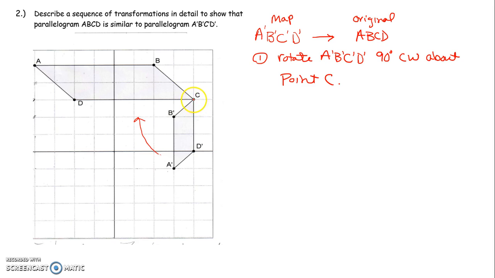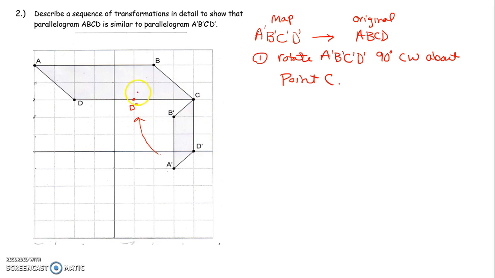So C is going to stay right where it is, and then 1, 2, 3 away has to be D. I'm just going to call it D double prime. I have to sweep that up, but the side length, 1, 2, 3 units, has to remain the same.